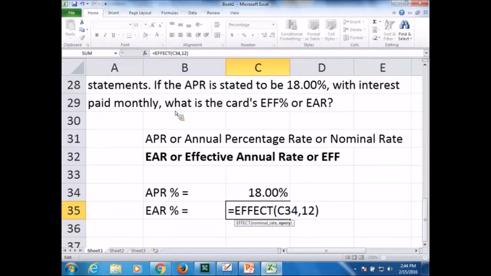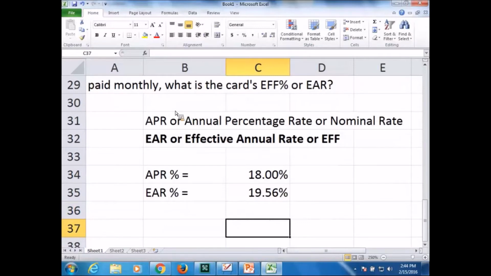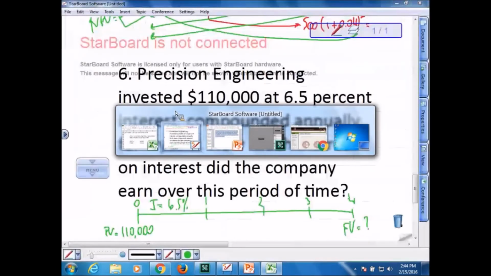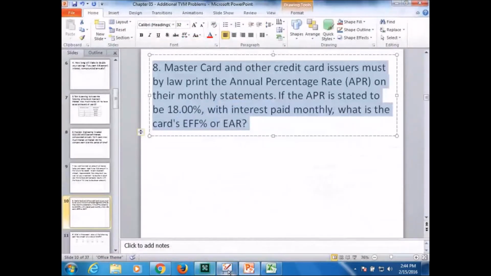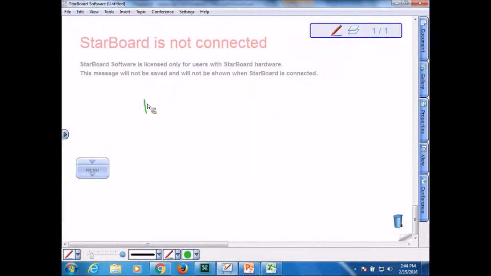Let's look at the intuition behind it. Suppose you have $100 today, and the quoted rate is an 18% interest rate with monthly compounding. So let's do 12 months.